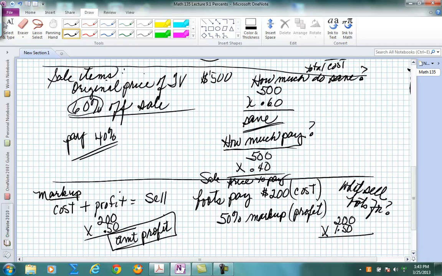That saves you from having to add. You could take the amount of profit and add it back on to $200, and that will give you the answer. But if all you want to know is what you're going to sell them for, then you can do that in one step without having to add back on the price of the boots.